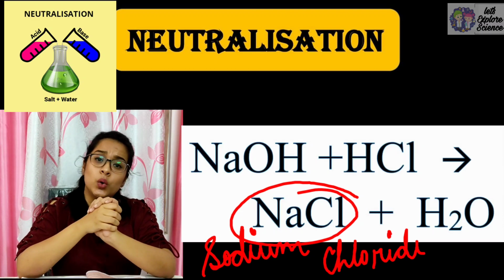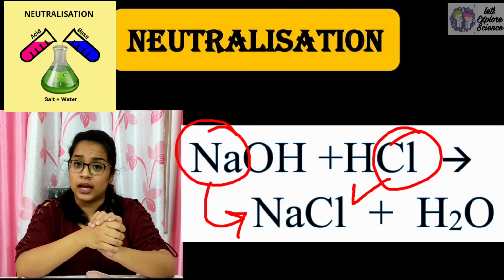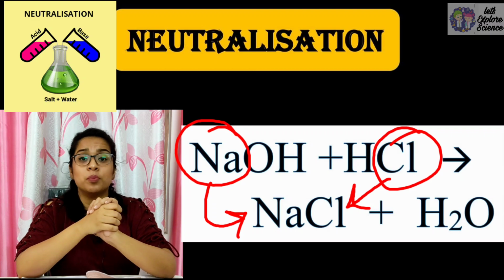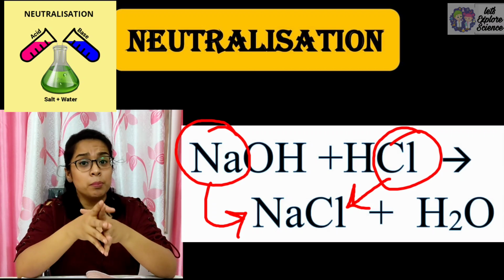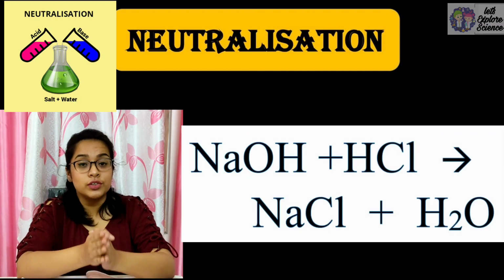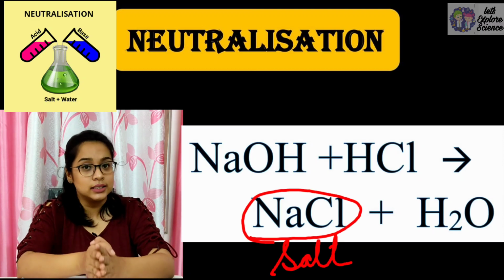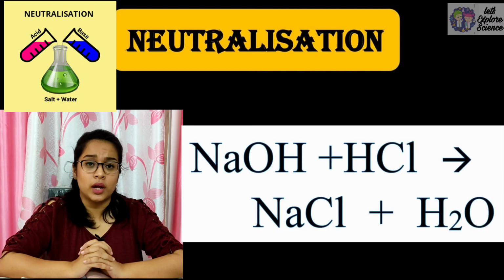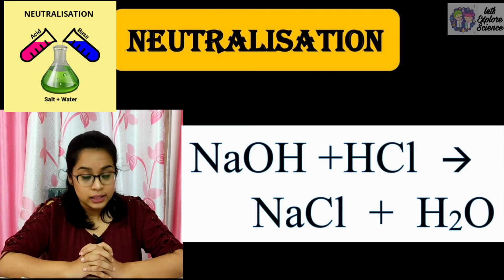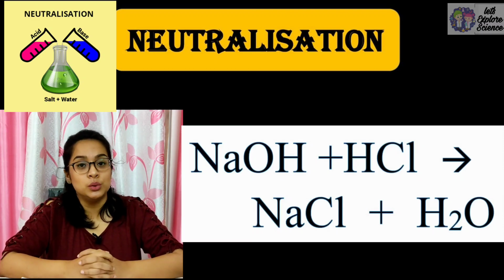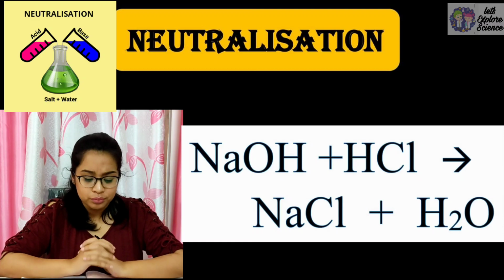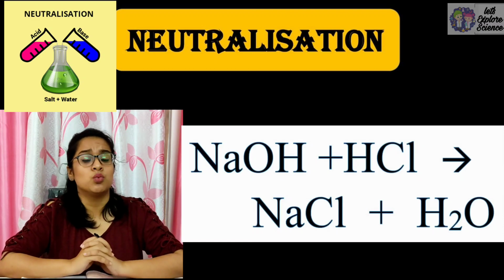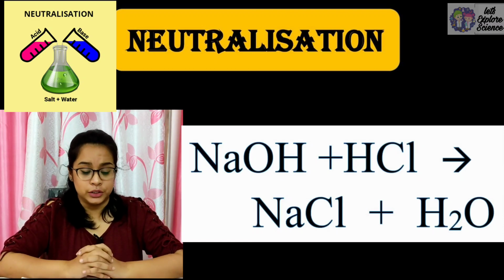Now you see, the sodium from sodium hydroxide and the chlorine from hydrochloric acid combine to form a different substance, that is NaCl, and NaCl is salt. NaCl, sodium chloride, is also known as common salt. Yes, the salt which we use at home in the kitchen. And along with that, water is also liberated.